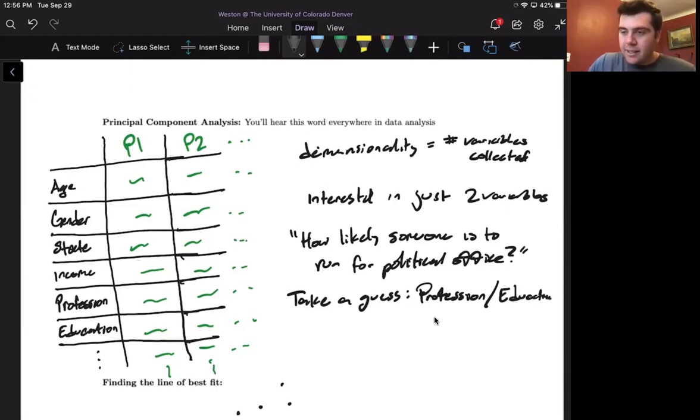I'm saying this because if someone's already in a career that's politically oriented, they're more likely to run for political office. It's unlikely to have someone who has just a high school degree or even a bachelor's degree run for political office. So education can be a big factor in it as well. So maybe you would look at just those 2 variables to make a prediction.